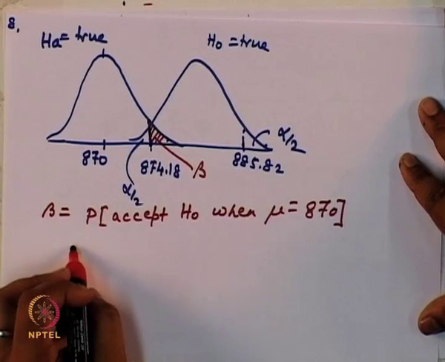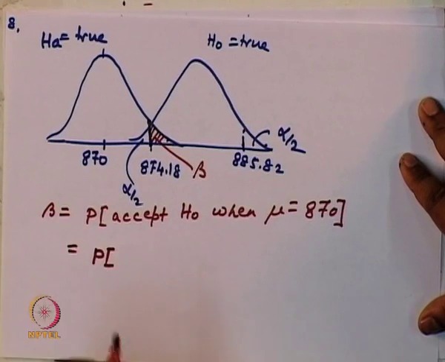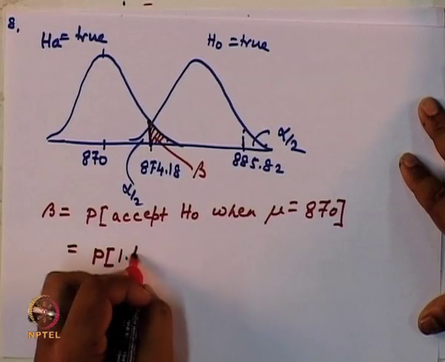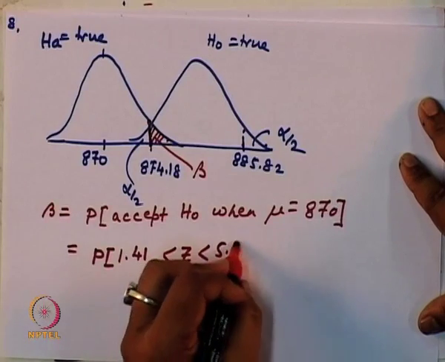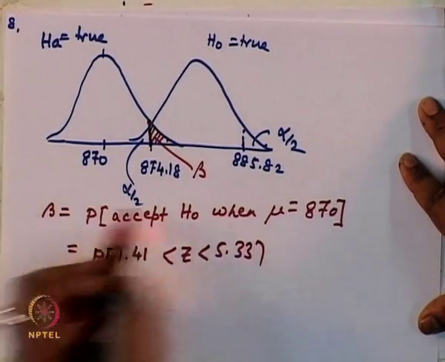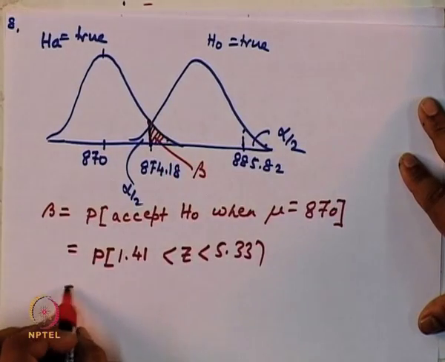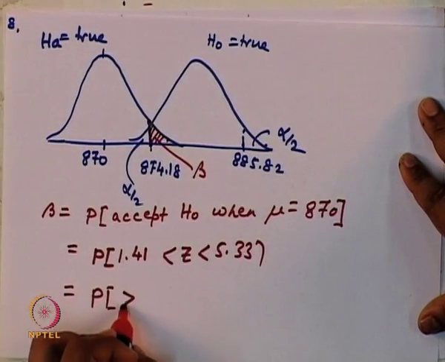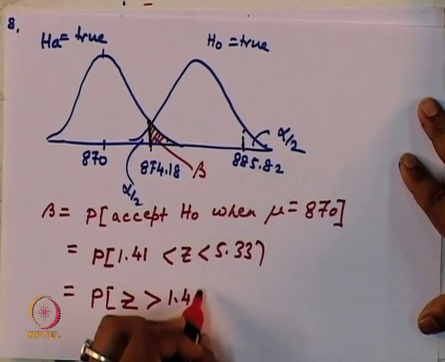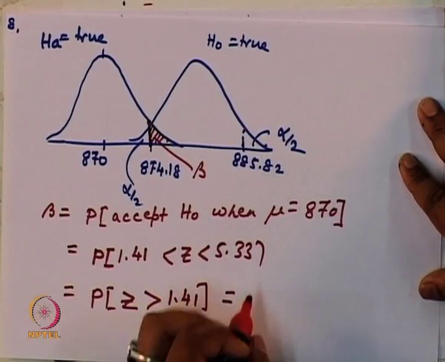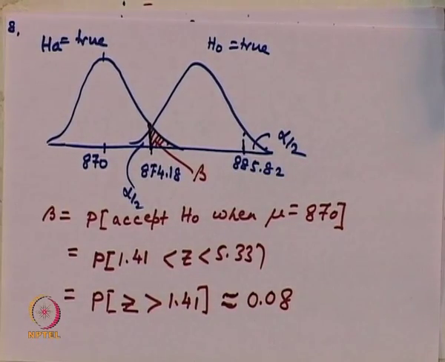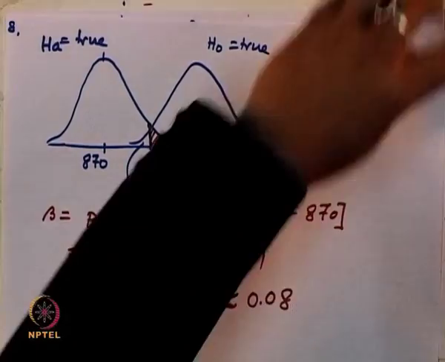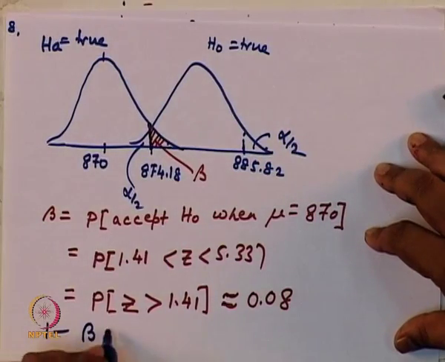So my beta is equal to the probability of 1.41 less than z less than 5.33. Now 5.33 is way too far, so for all practical purposes, I can write the probability of z greater than 1.41, and this probability comes out to be roughly 0.08. So then 1 minus beta is 0.92.